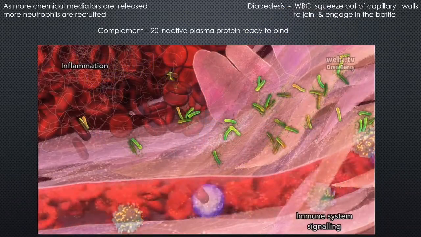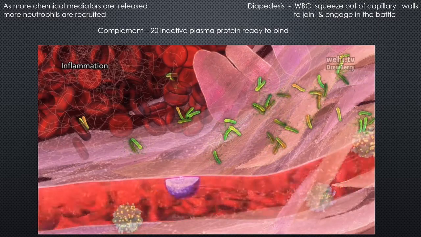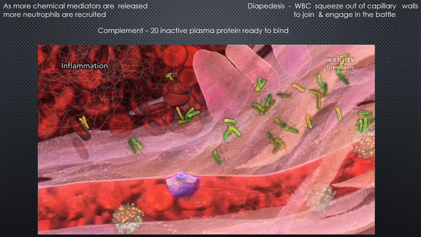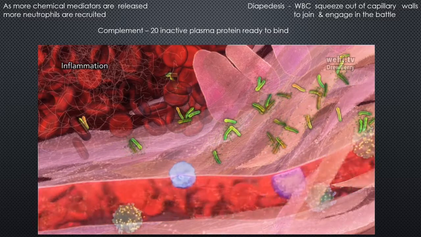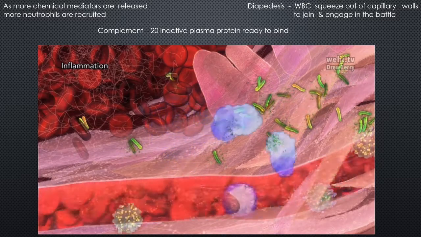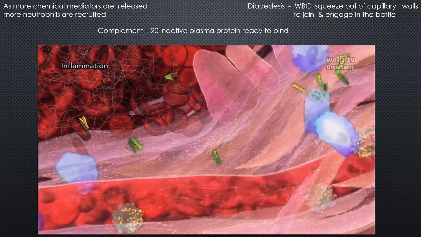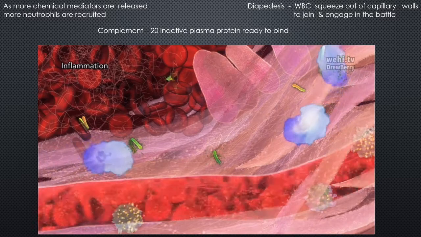As more chemical mediators are released by the mast cells below the cliff, more neutrophils are recruited, and it leads to diapedesis, meaning the neutrophils are squeezing out of the capillaries as is being shown, and they join and engage in the battle.